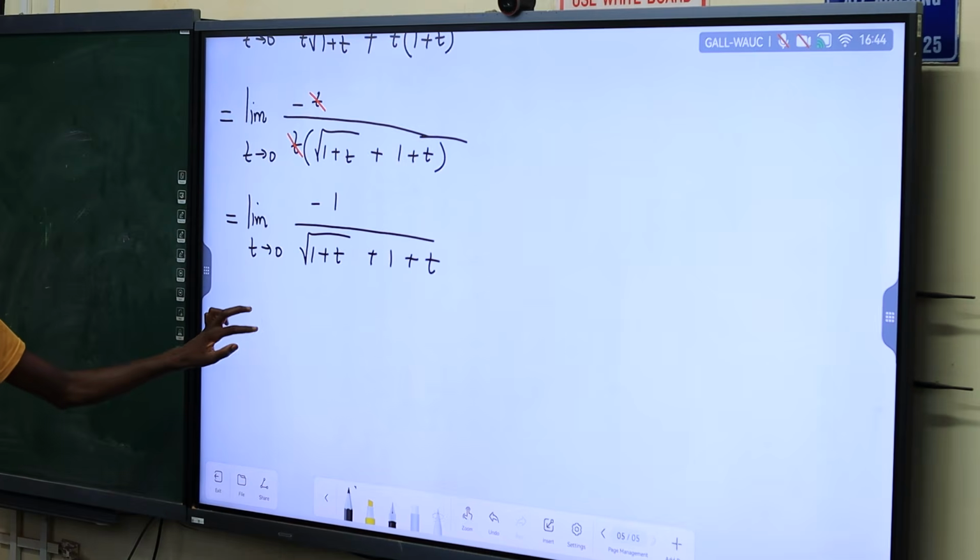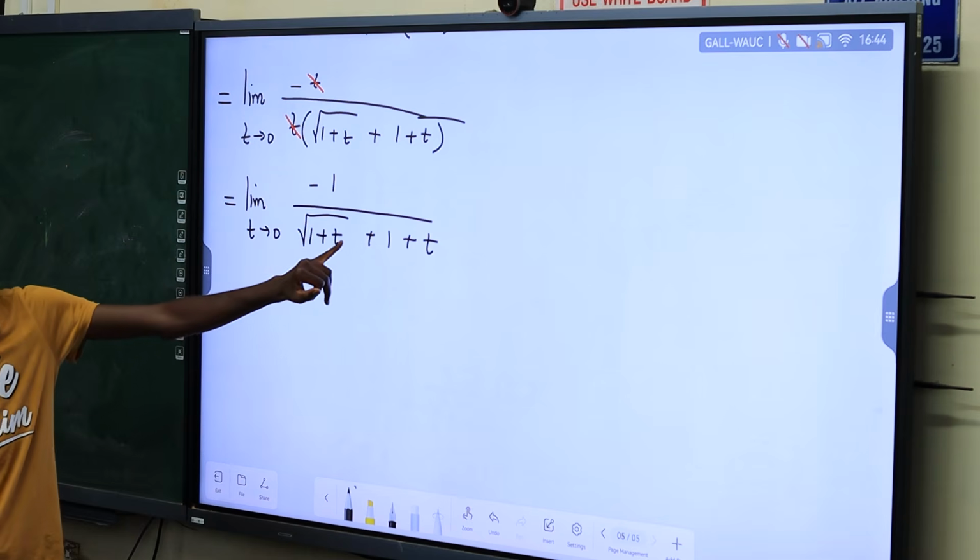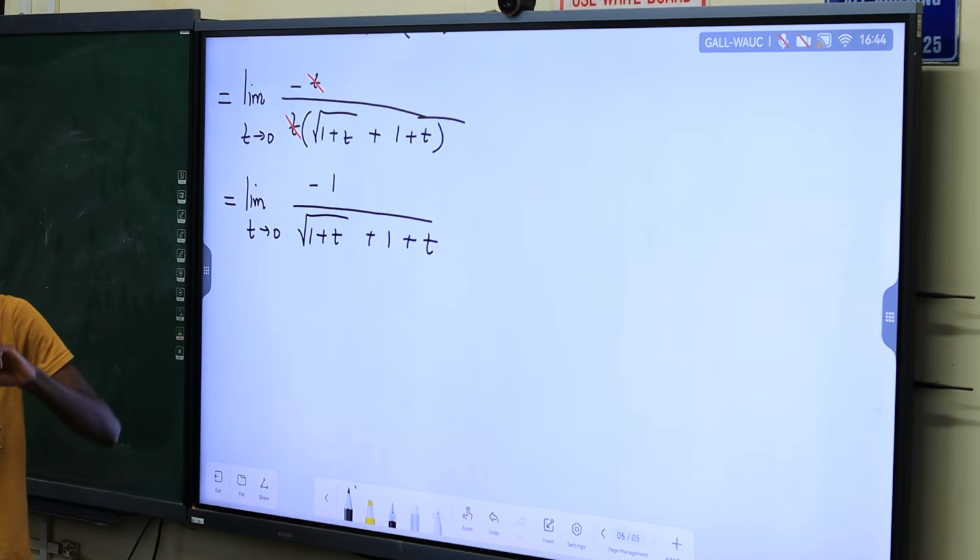Here we have cancelled, but let us substitute 0 and see. Put in 0 last. When the denominator is it going to give us a finite number? Are we getting finite numbers now?